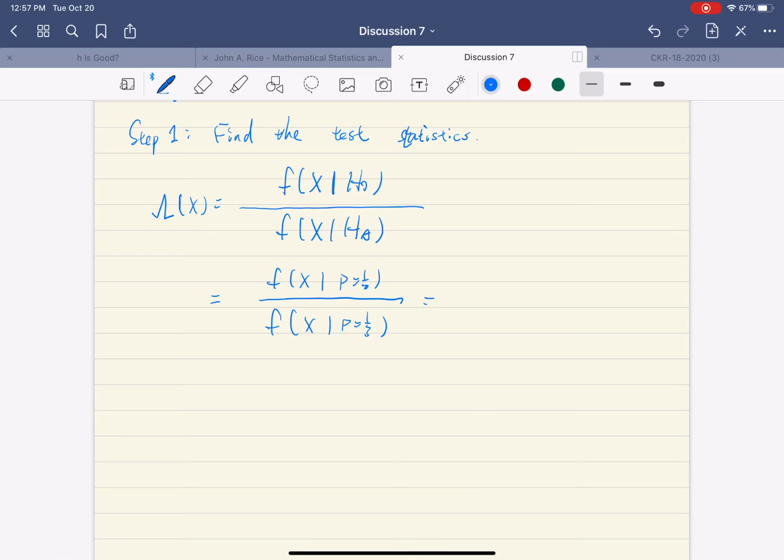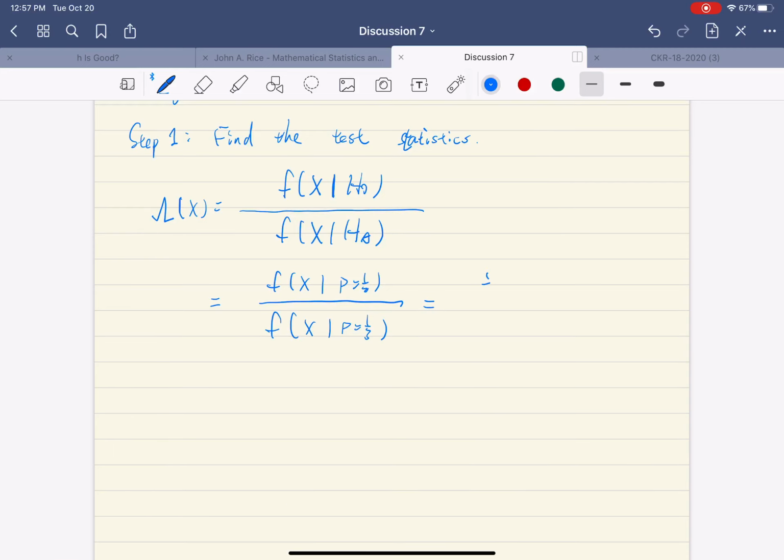Okay, and we have the density, so you look at this: (1/2) to the power x minus 1, times 1/2, over (1 minus 1/3) to the power k minus 1, times 1/3.